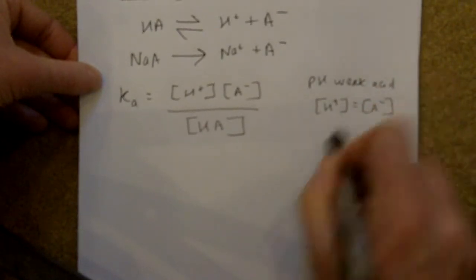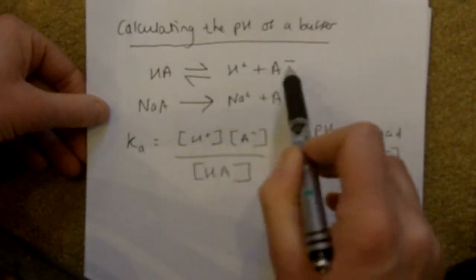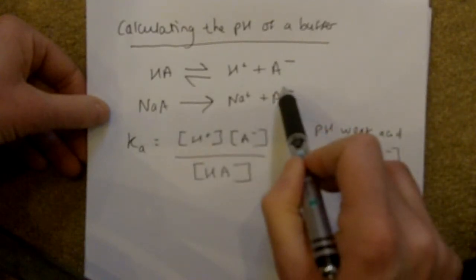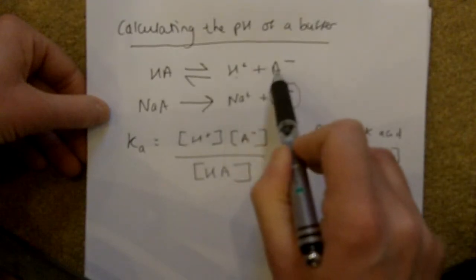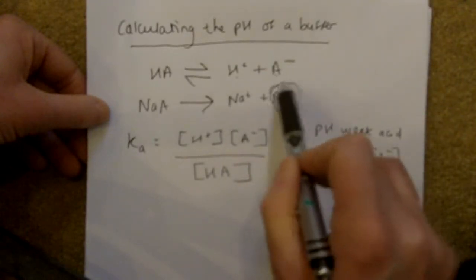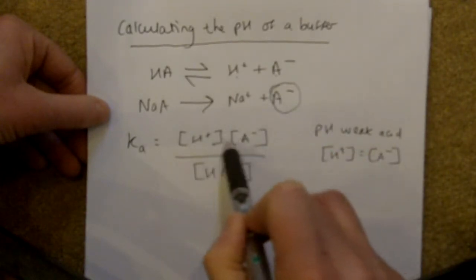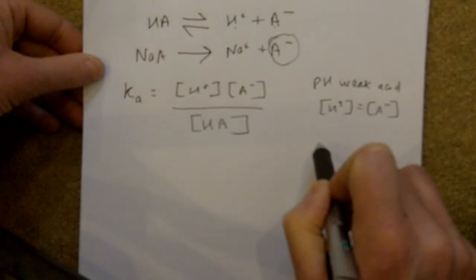But we can't say that anymore, because there's that involved as well. So [H+] does not equal [A-] because you've got this from the salt, from the conjugate base. So you cannot say this for a buffer solution.